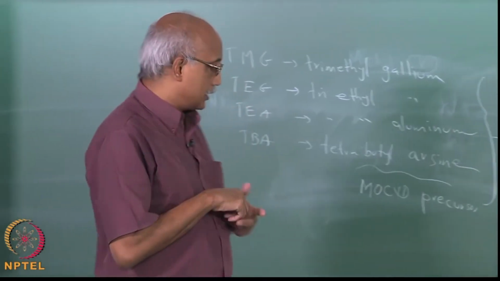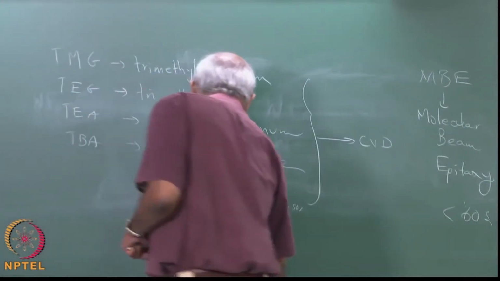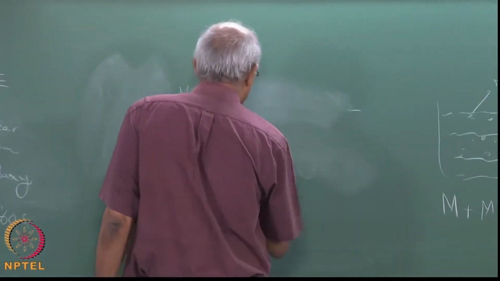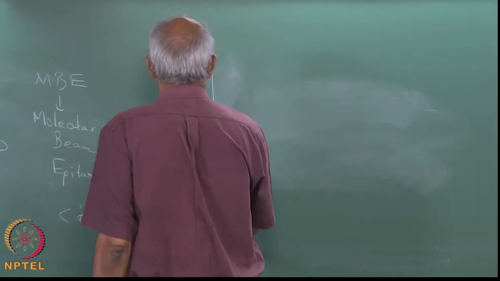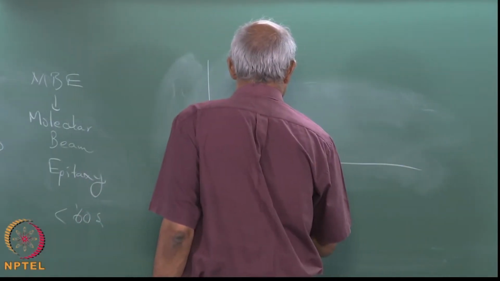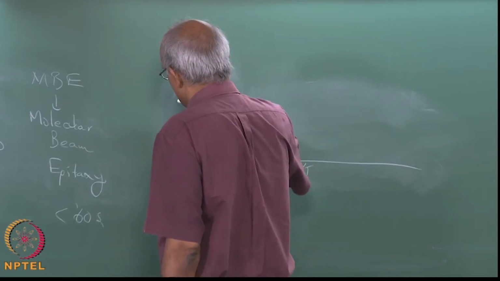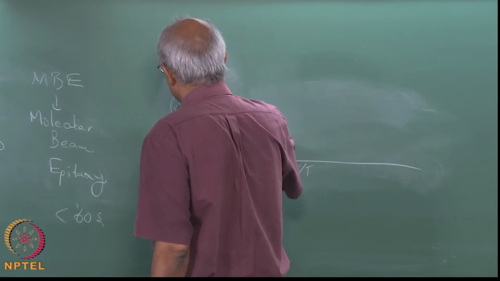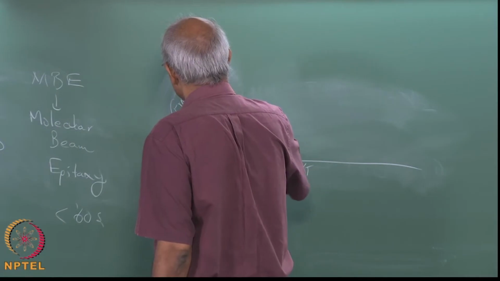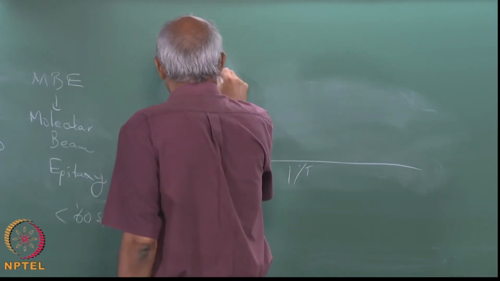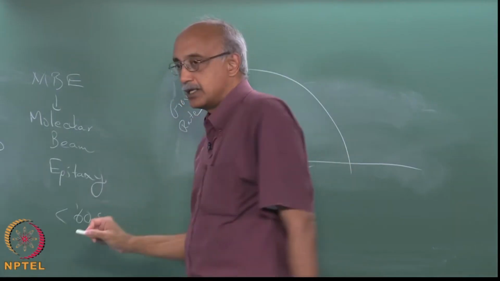If you recall the figure that we had drawn earlier relating deposition rates to substrate temperature, 1 over T versus growth rate. You recall that the general trend is like this, right.